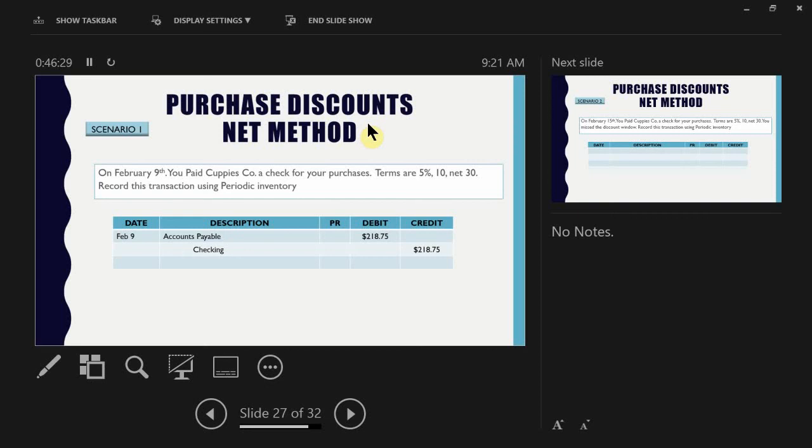Now, let's go ahead and apply scenario number 2. What happens if you forgot and you end up paying on the 15th of February? So here, we missed the discount period by 5 days. So how are we going to journalize this?